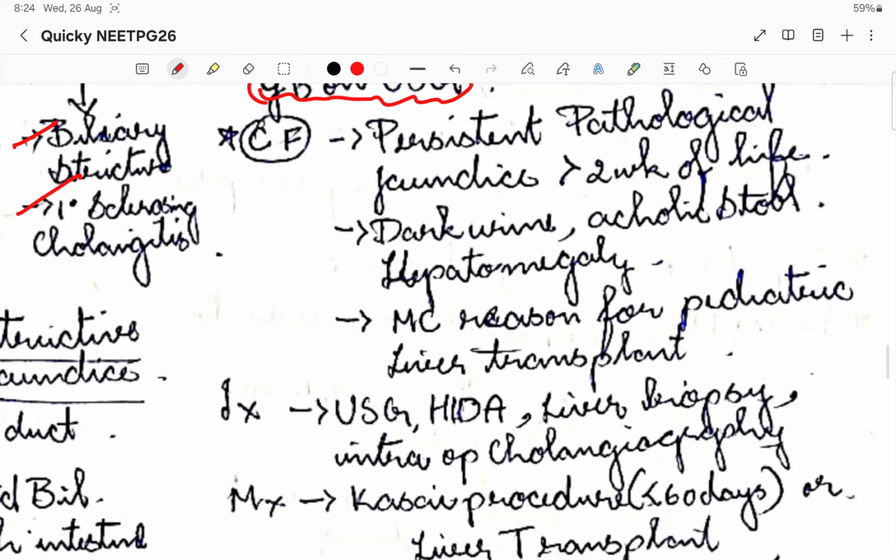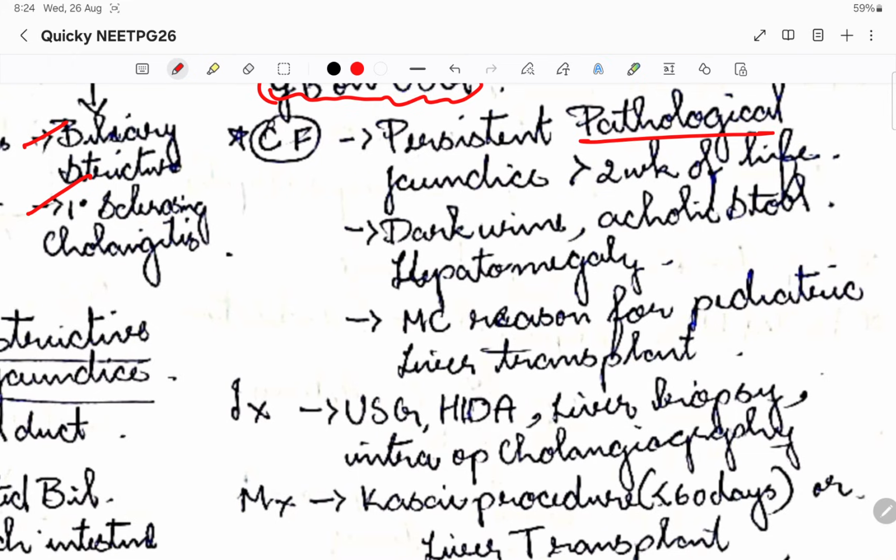How will the patient present? The patient will present with pathological jaundice. It is the kids that are always affected; it is a congenital condition, and kids will be affected with pathological jaundice for more than 2 weeks. We were discussing jaundice with respect to pediatrics: in neonatology there is physiological jaundice and pathological jaundice.